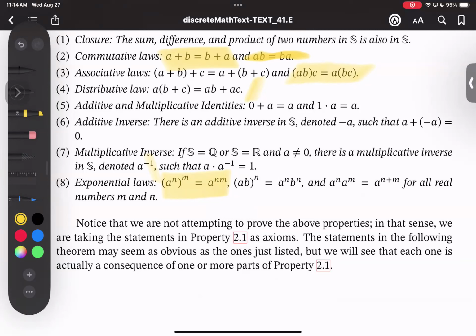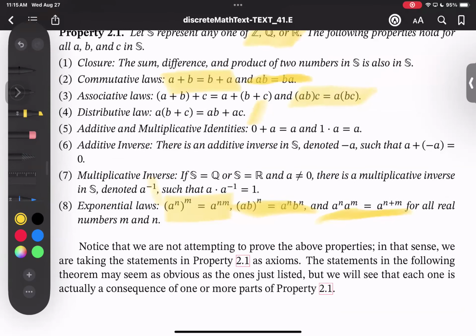If we have a times b to the n, we can distribute that n to each of those, so we have a to the n times b to the n. And then if we have the same base raised to two different exponents, we can combine the base and add the exponents. Okay, so we're not proving these. These are just things that we're taking for granted.